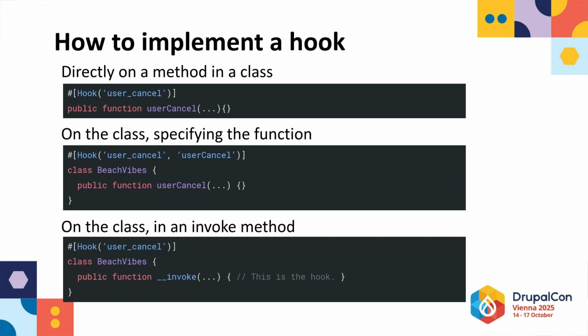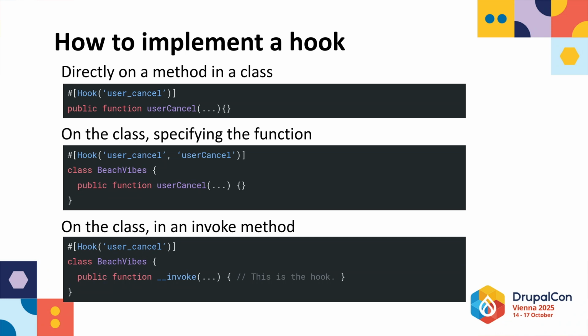So there are 3 ways that you can implement these. You can directly add it onto your class method. You can stick them at the top of the class, and you can attach it to a method of any name. So that's the second parameter. You can just call it whatever you want.